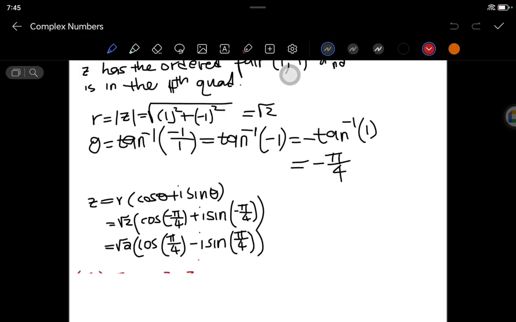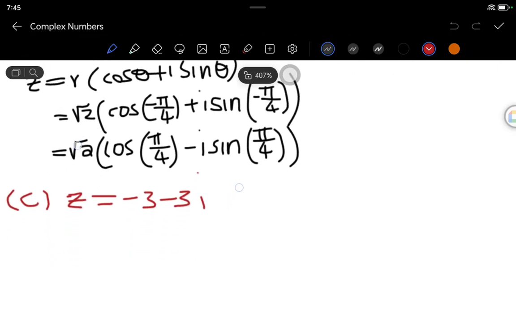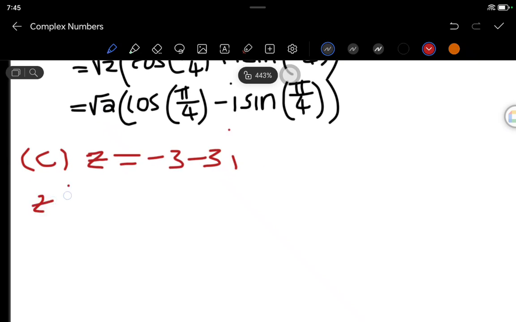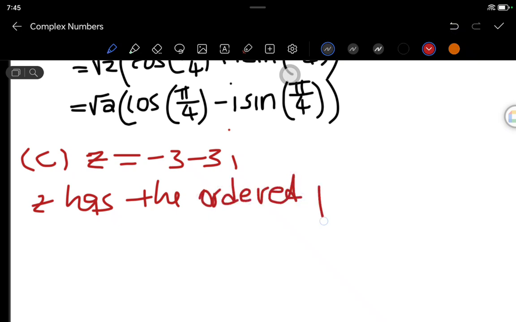So when we have this, we are going to say that z has the ordered pair, we must specify that it's an ordered pair, minus 3, minus 3. And if they're both negative, guys, this is going to be in the third quadrant.